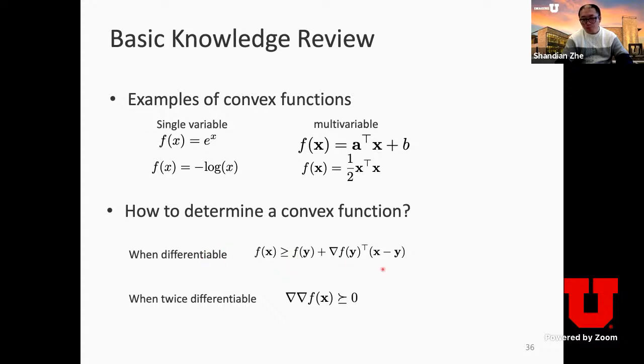So I want to ask, what does the right hand side mean? An idea?